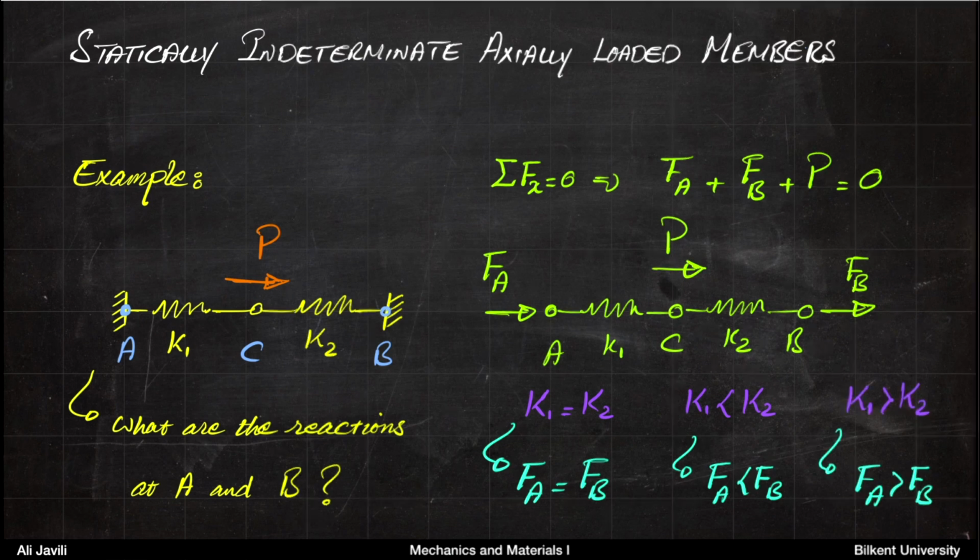Now the opposite case would be if K1 is larger than K2. And then again, you look at it exactly the same way. So you can imagine that if point C is changing its placement by, again, let's say 2 centimeters, then you get a 2 centimeter extension here, a 2 centimeter contraction here, and you have the same deformation.